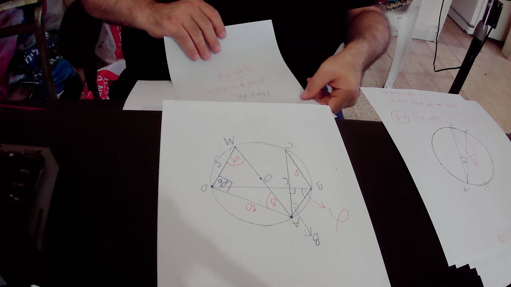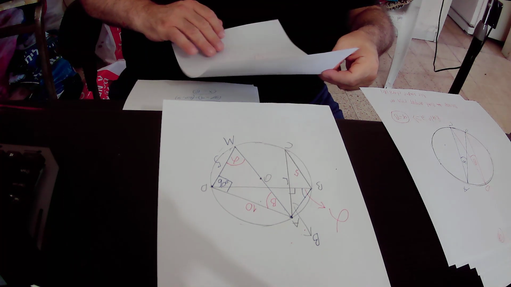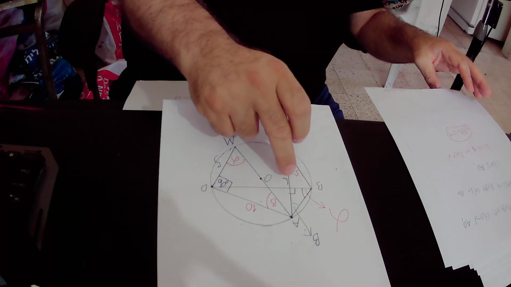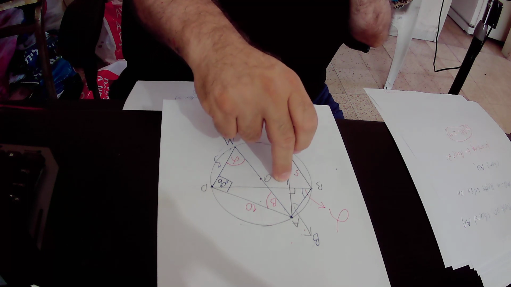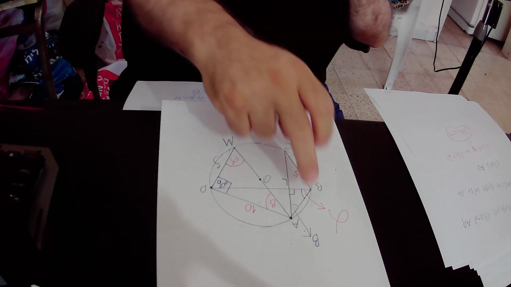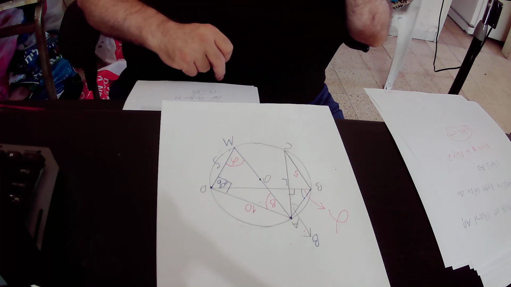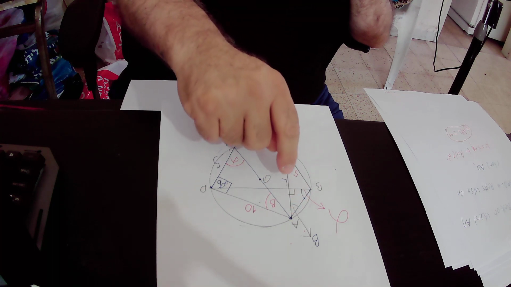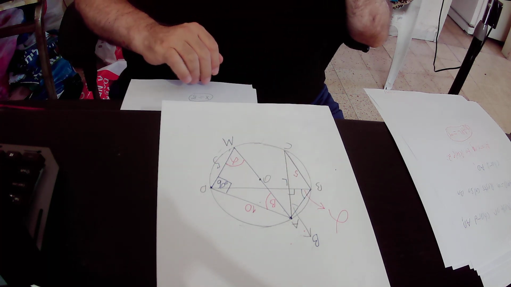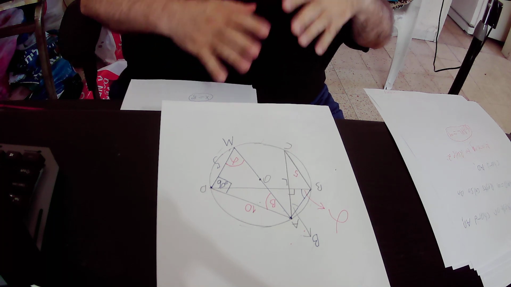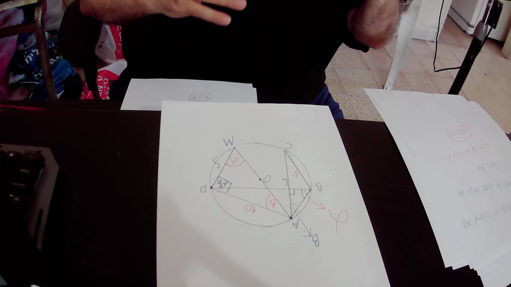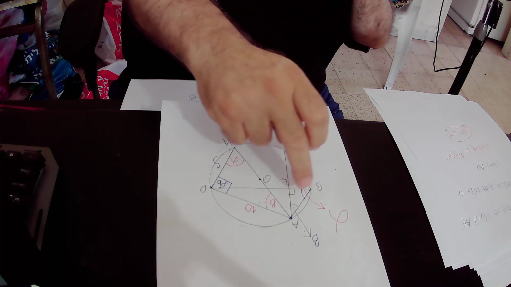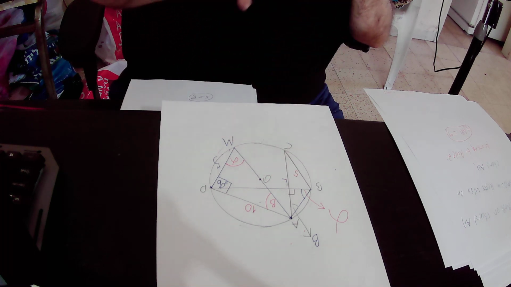Okay, so now we'll focus on the right triangle ABL. We defined this point as point L, and in the right triangle ABL we defined angle BAL as angle X, and we know that the sum of the angles in any triangle in the world equals 180 degrees, and especially in the right triangle ABL, the sum of its angles equals 180 degrees.